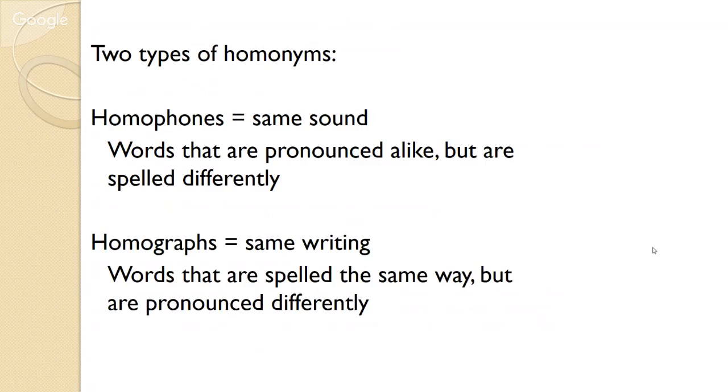There are probably more homophones than homographs, or at least people have more trouble with homophones than with homographs. The only homograph that people get into trouble with is the words lead and lead. Two words which are spelt alike but have different meanings.